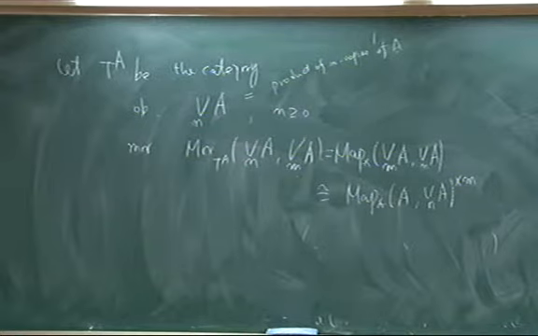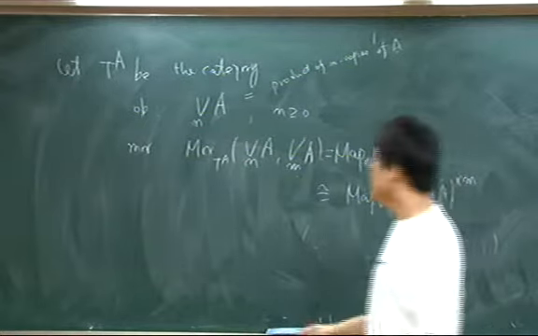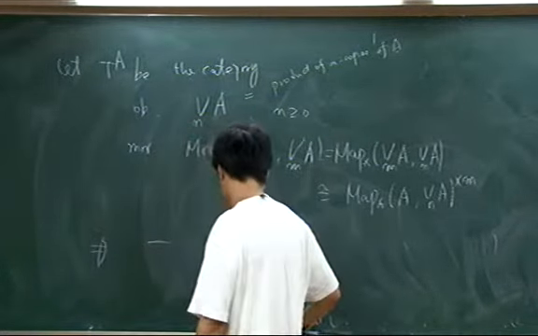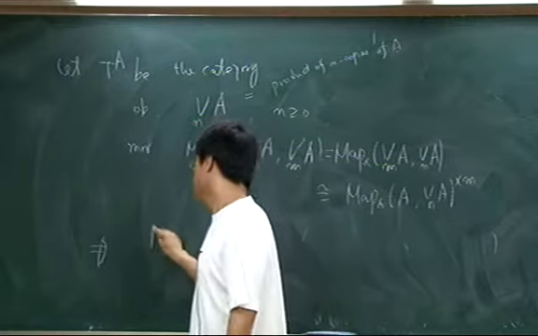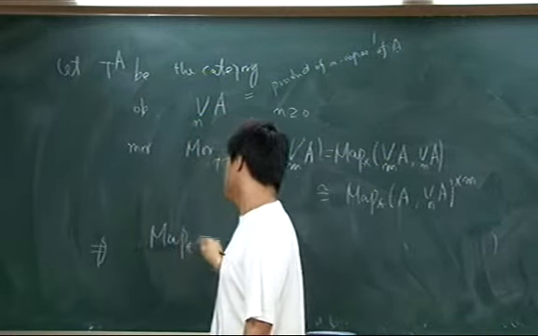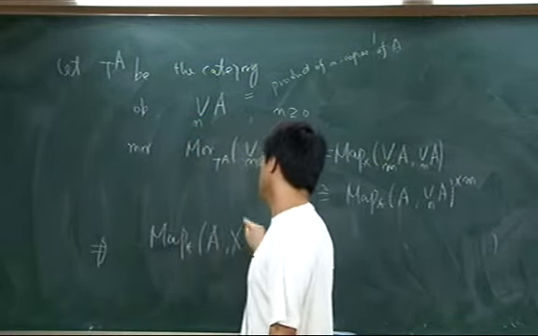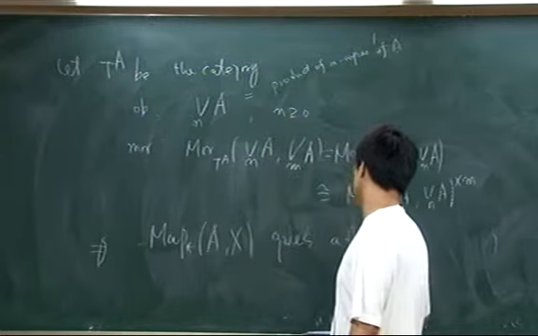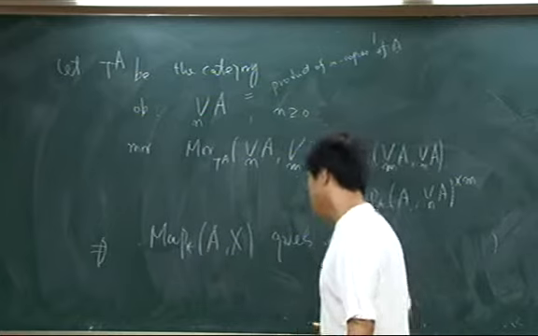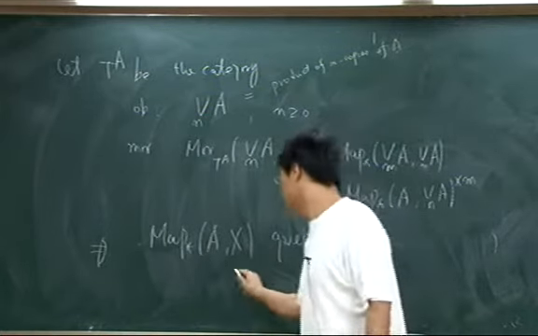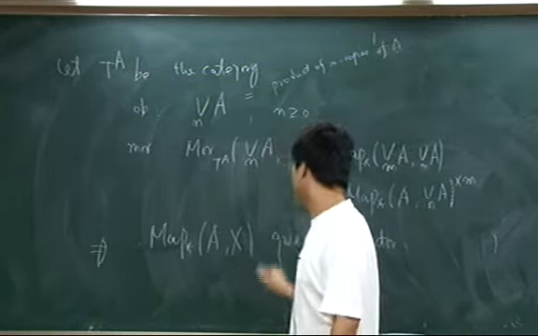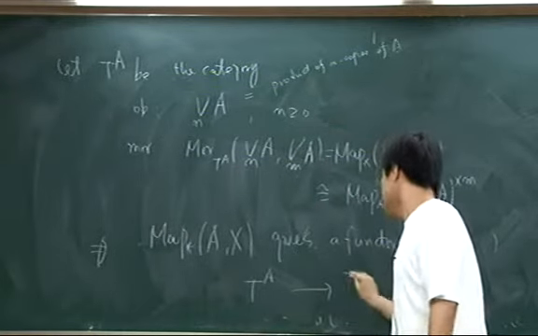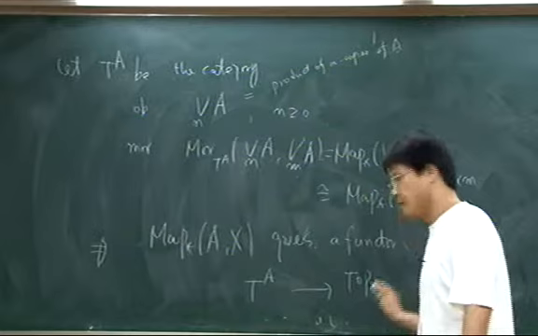So here, if it's a mapping space, let's say A to X, this will give us a functor from the category TA to the category of topological spaces.